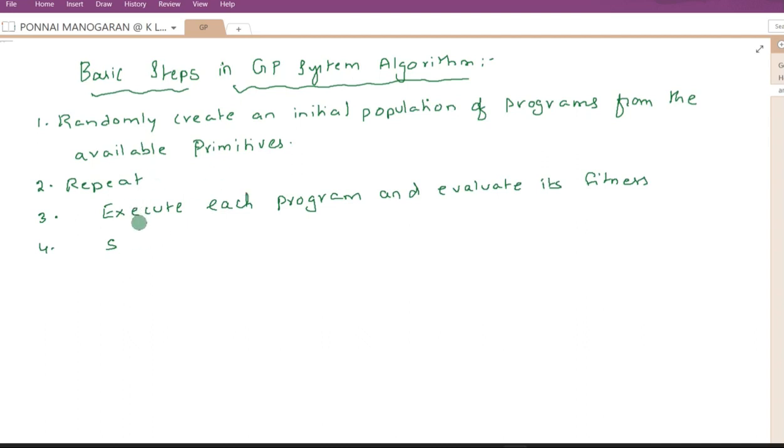Okay, so after that, since it is an evolutionary algorithm, you need to apply genetic operators like crossover and mutation.